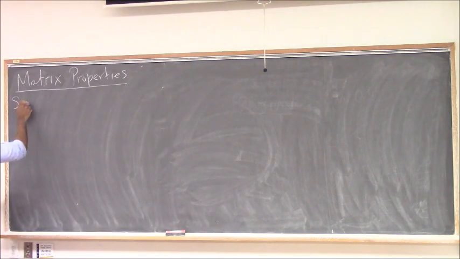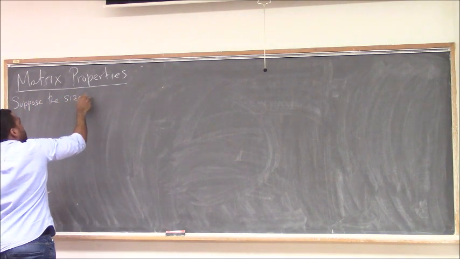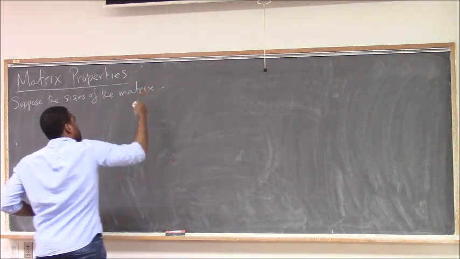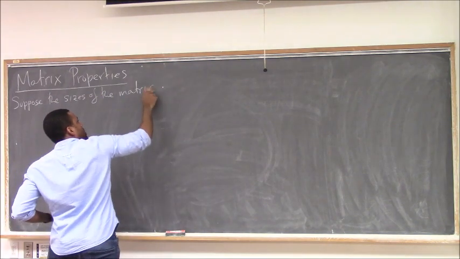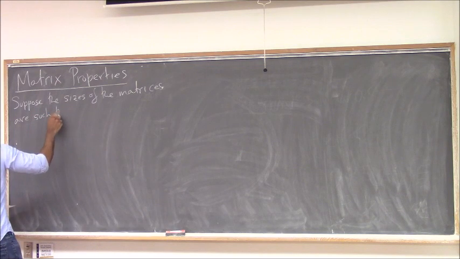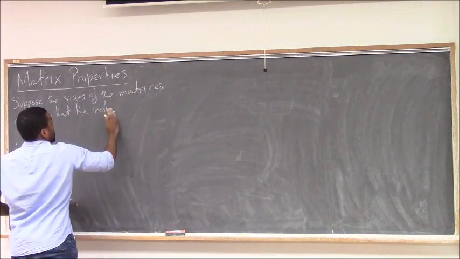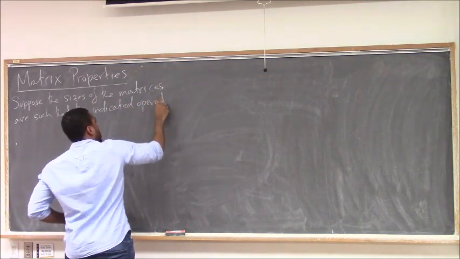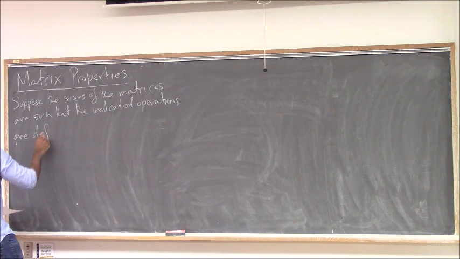So suppose the size is... if you ever need to simplify a matrix equation, these are the legal moves. Suppose the sizes of the matrices are such that the indicated operations are defined.